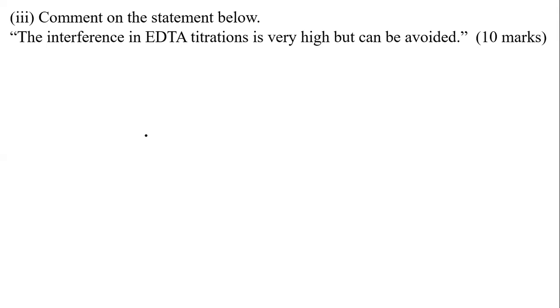It can be something totally wrong. If the question says comment, you have to tell why you say that it's totally wrong. But if you are agreeing, you have to tell why you are agreeing. But just saying that I am agreeing will not carry any marks.